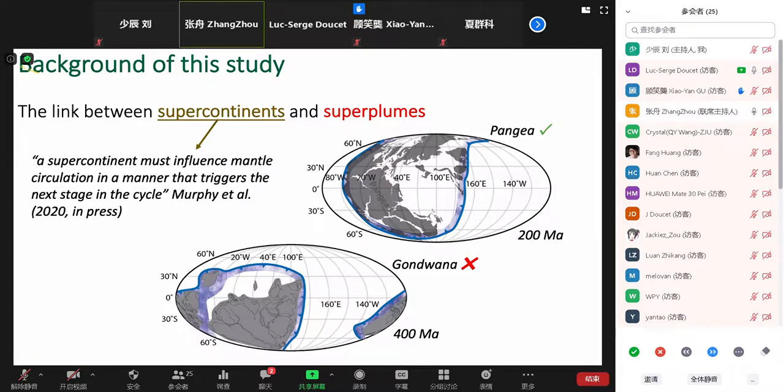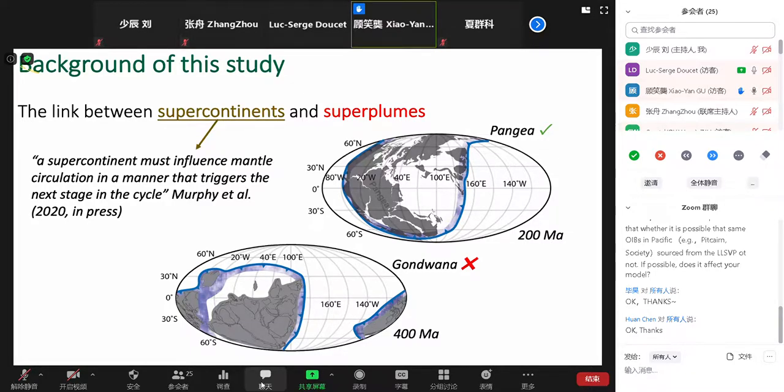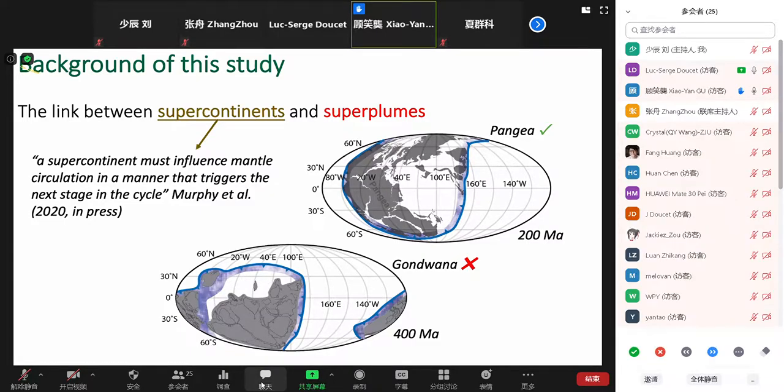Okay, now we have Xiaoyan Gu from Zhejiang University going to raise a question. Yes, I have a question. The formation of the African LLSVP can be accounted for by subducted slabs to be consistent with the geophysical observations.